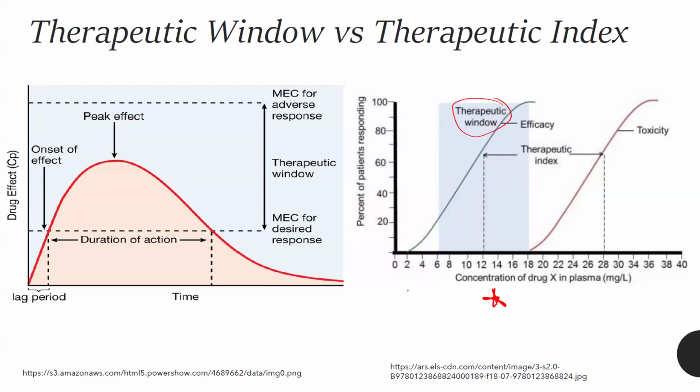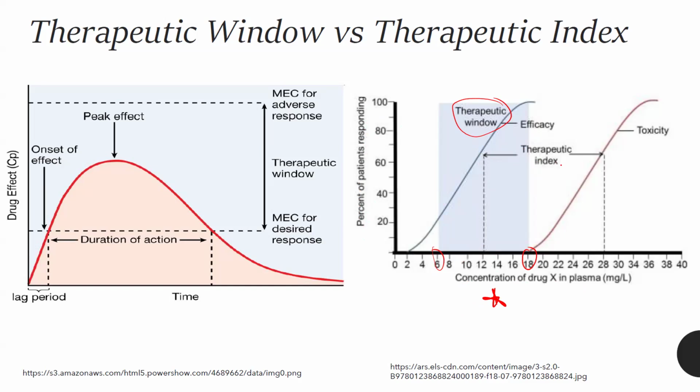On our y-axis is percent of patients responding, which goes all the way up to 100. On our x-axis, we have concentration of our drug in the plasma, ranging from 6 to about 18. That would be our therapeutic window, the concentration where we get a positive effect.